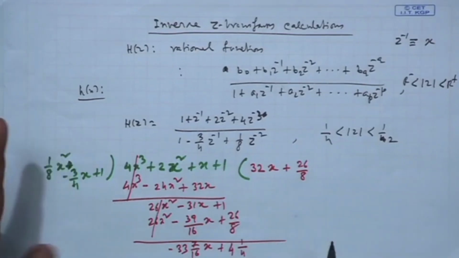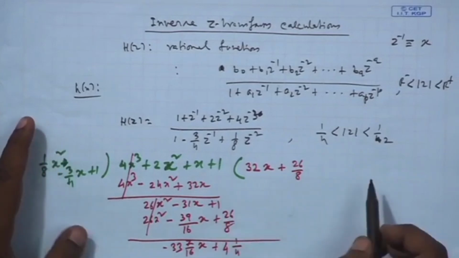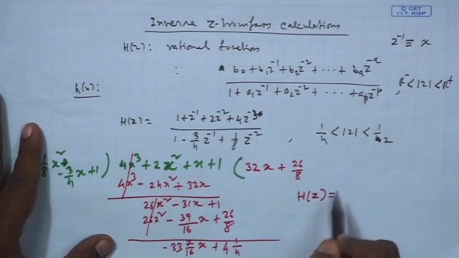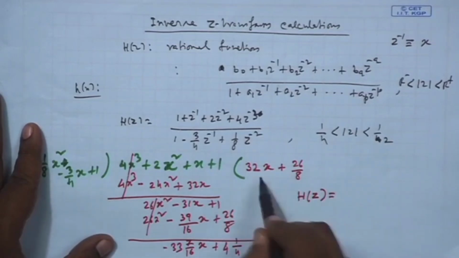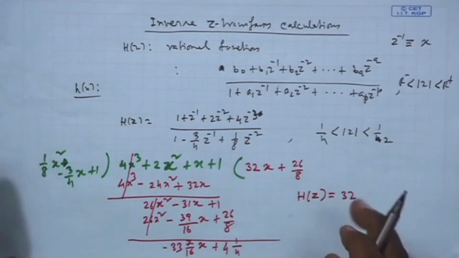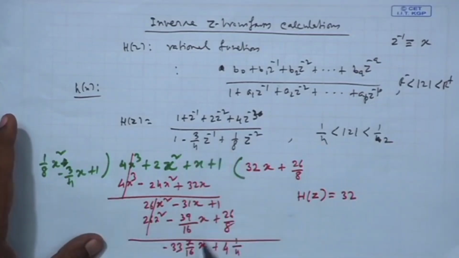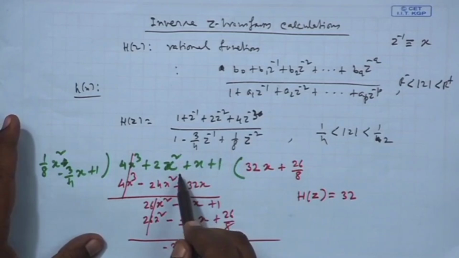So then this entire polynomial I will write as H(Z). This quotient will come out. It is this into this plus this is equal to this, right.